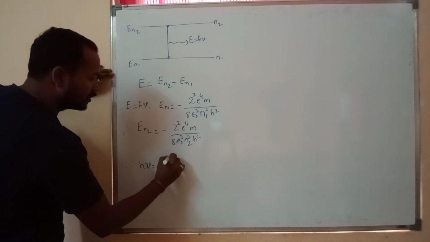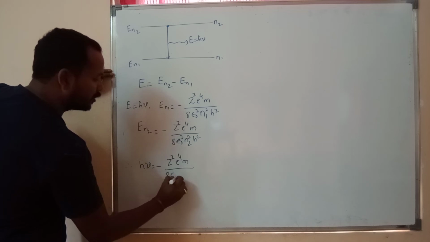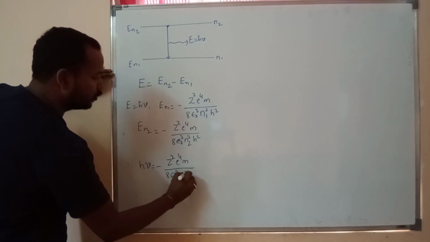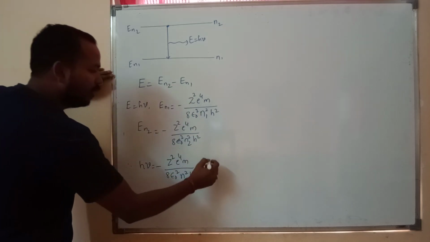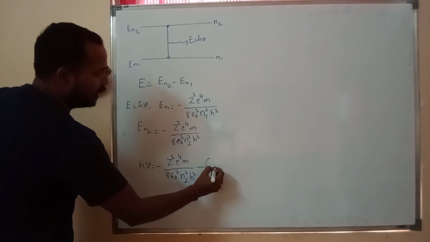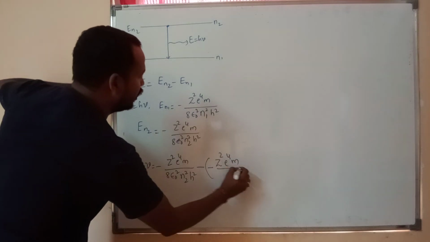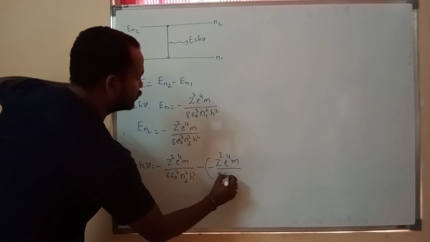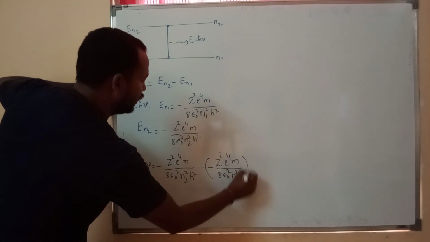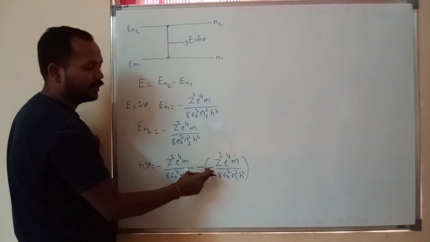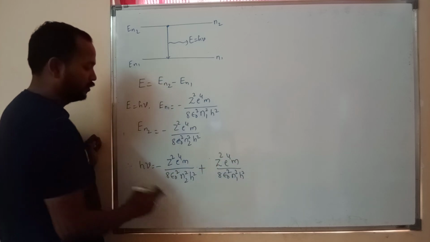En2 is nothing but Z square e raised to 4 m upon 8 epsilon naught square n2 square h square, minus this, minus of this equation, that is minus Z square e raised to 4 m upon 8 epsilon naught square n1 square h square. Correct? So this minus into minus becomes plus, so I am going to write plus here. So here minus, here plus.